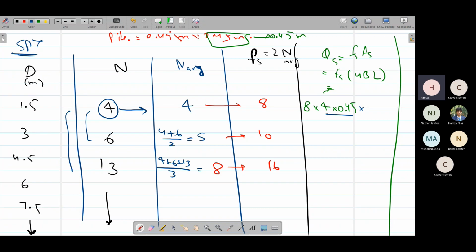The length of the pile is not given, so we use the length of the pile up to the depth we are calculating. For the first layer, the length is 1.5. For the second, we use 10 into 4 into 0.45, and the length changes to 3. Similarly, 13 into 4 into 0.45 times length 4.5. This way we can get the Qs value for SPT tests.